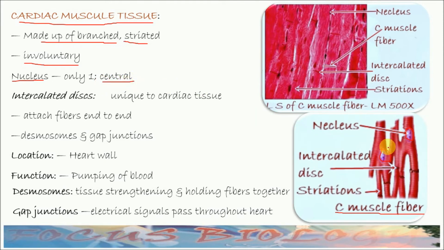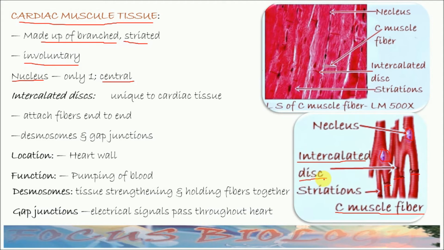Here in cardiac muscle fiber there are intercalated discs. Here this is, here this is. These are intercalated discs. They are unique to cardiac tissue. They attach one muscle fiber to another, that is end-to-end attachment.